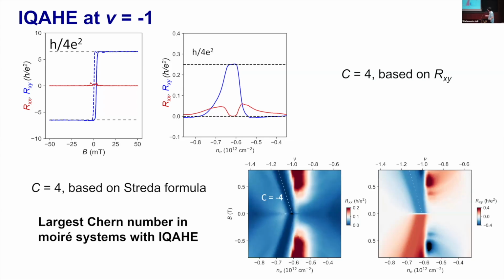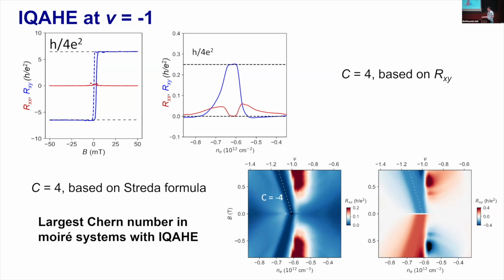And you check the Streda formula, the Landau fan in magnetic field, this state disperses with the right slope corresponding to C equals 4. So if we just talk about quantum anomalous Hall effect in moiré systems, this is the biggest Chern number people have observed so far. Again, everything else is C equals 1. This is C equals 4.